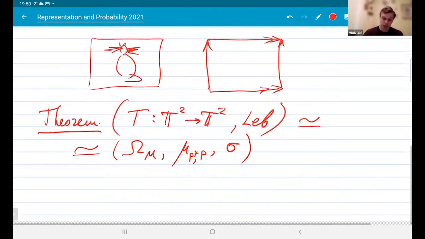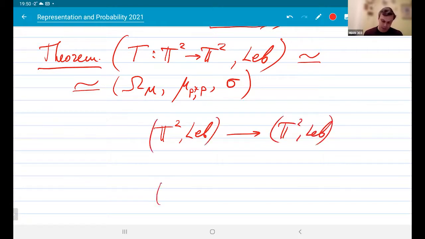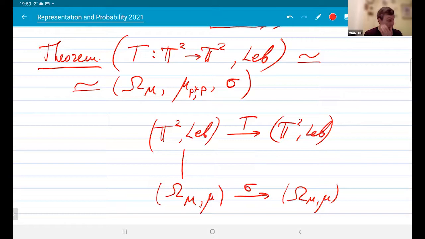So in other words, how can we say this maybe a bit more explicitly? So we have this, and we have, well, let's say this, we have some H. Of course, this diagram should be commutative, and each arrow should preserve the corresponding measure.